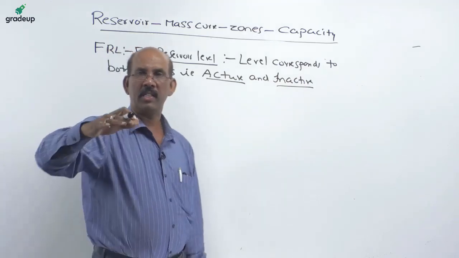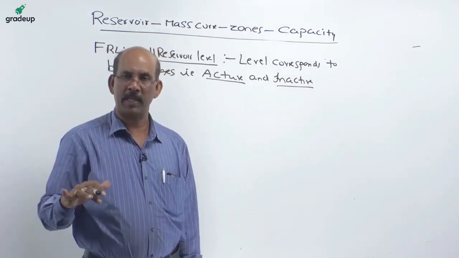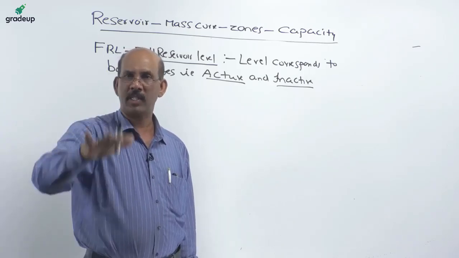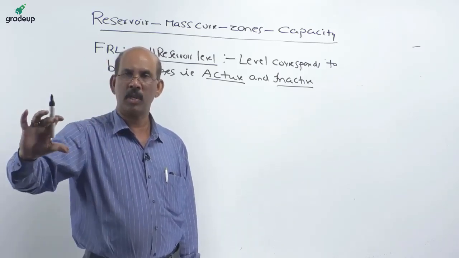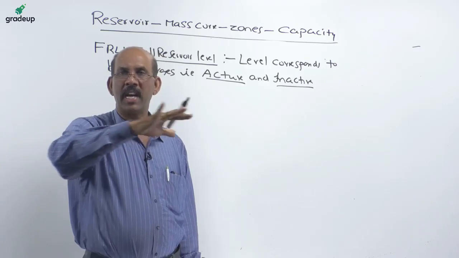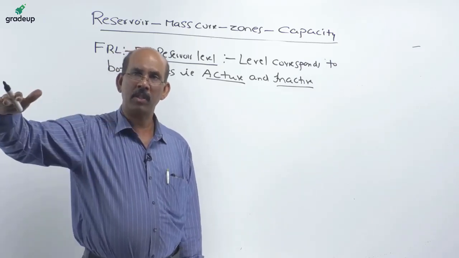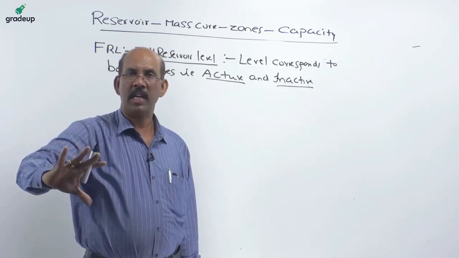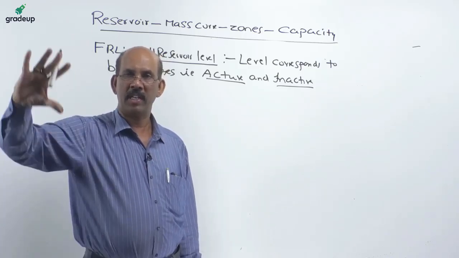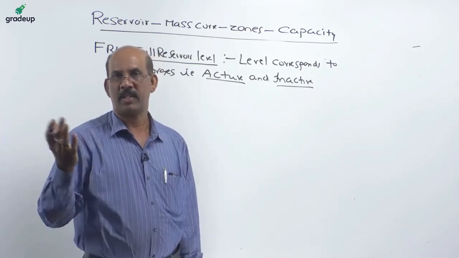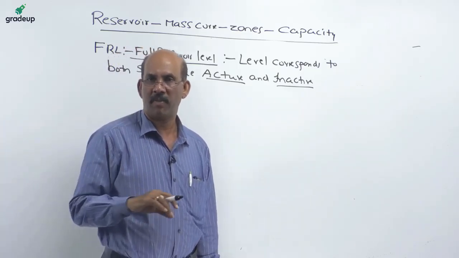So FRL is nothing but the maximum storage capacity. This includes both levels. One corresponds to active storage, that means useful storage. Below the active is the inactive, which is the dead storage. Up to that level, the water can be used for irrigation, hydropower, water supply and various other purposes. That is the meaning of FRL.